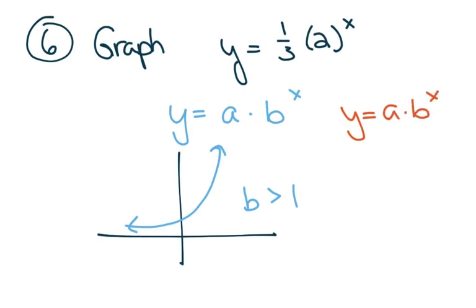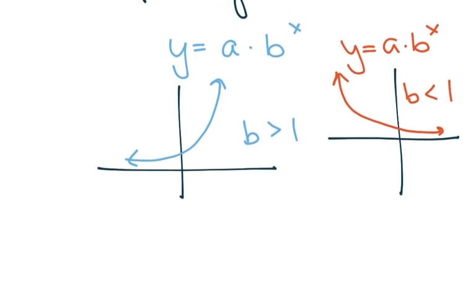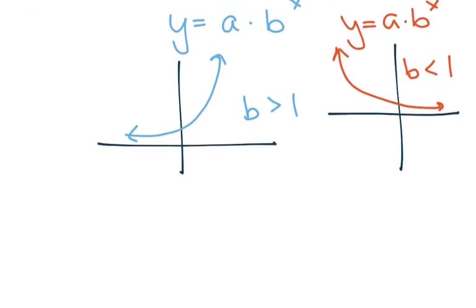But if b is less than 1, it's going to have this shape. The only time the graph would be flipped over is if you were doing a negative.